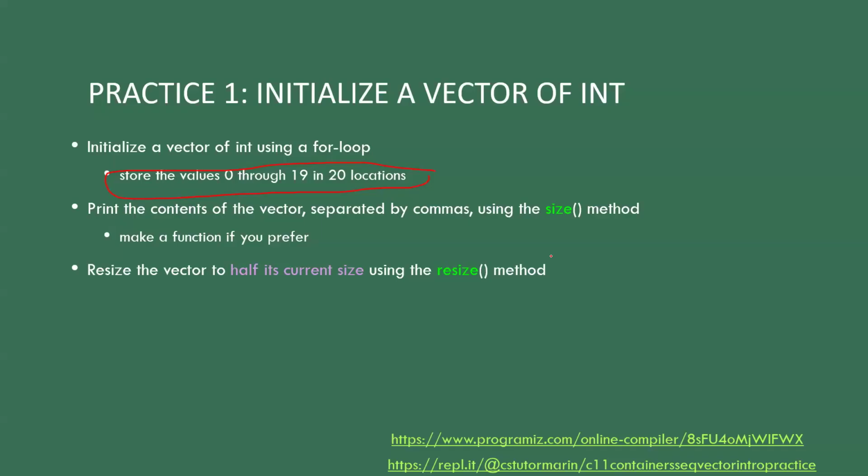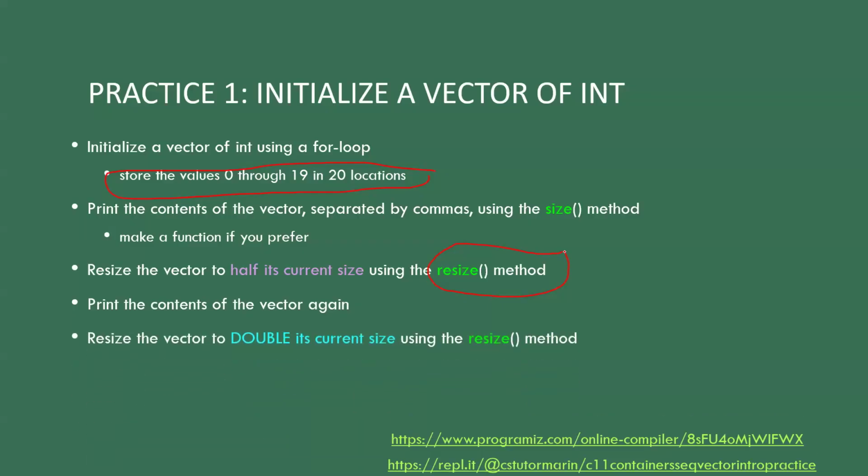And then try the resize. This is an important lesson here. When you resize that thing to half of its current size, print the contents out again, just for the valid portions. And then resize it back up again and see what happens to memory.